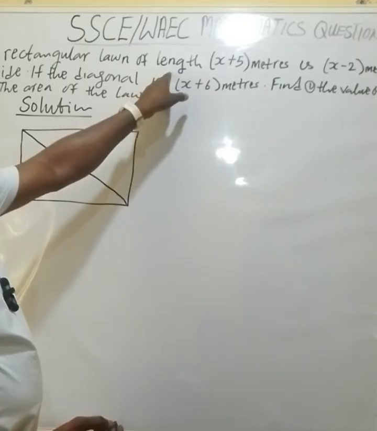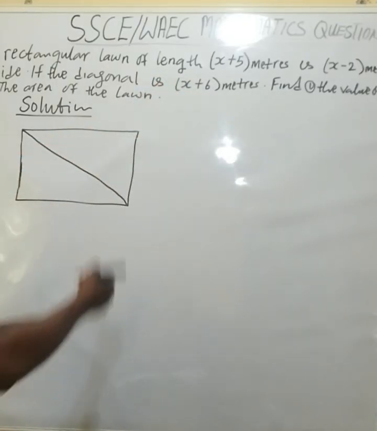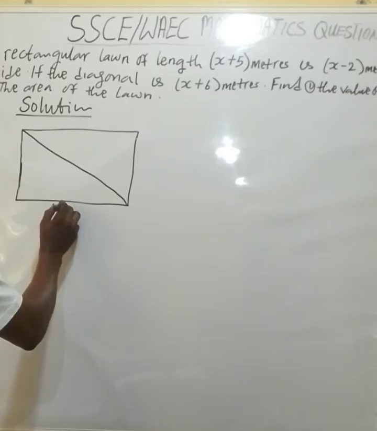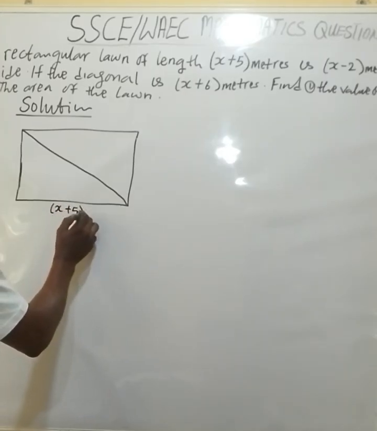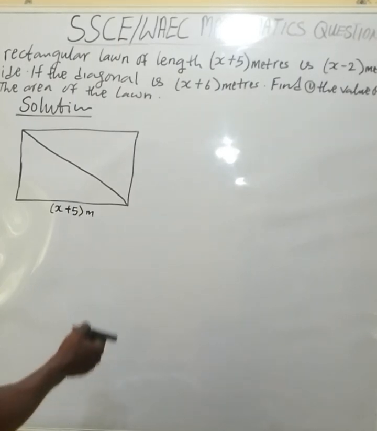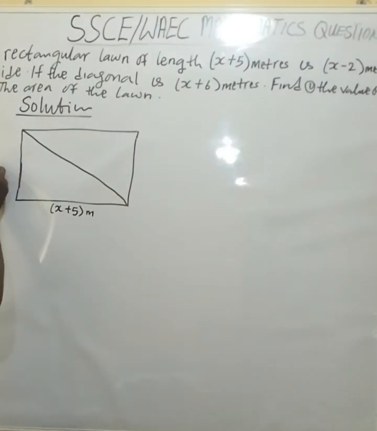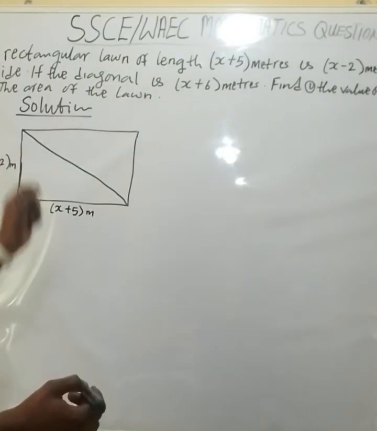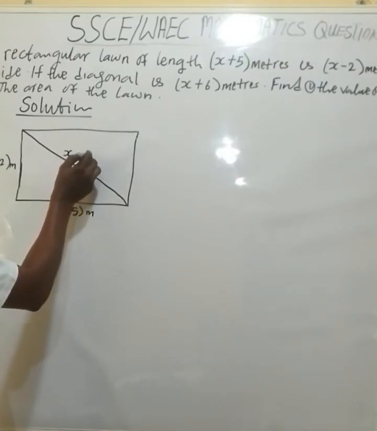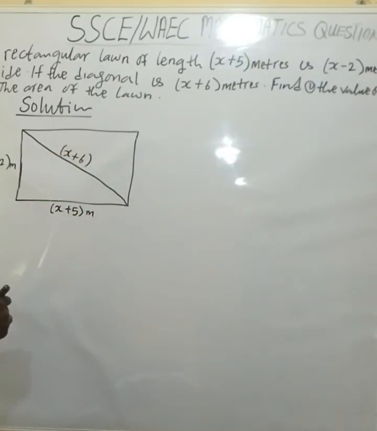Now let's do it. You know we have length and breadth. So the length is x plus 5 meters, while the breadth, the width, is x minus 2 meters, and the diagonal is x plus 6 meters.